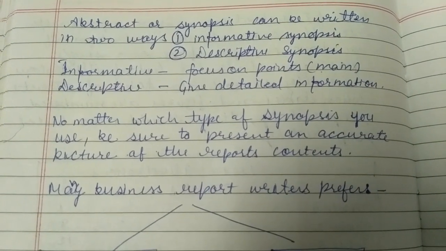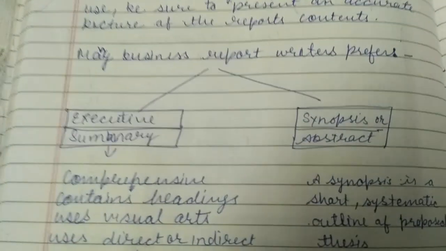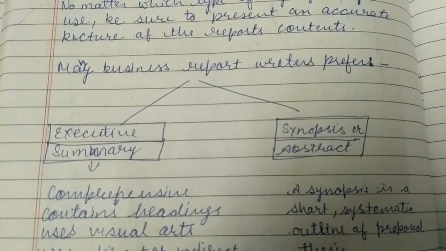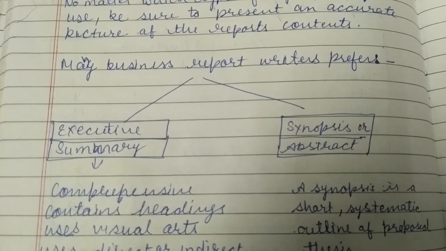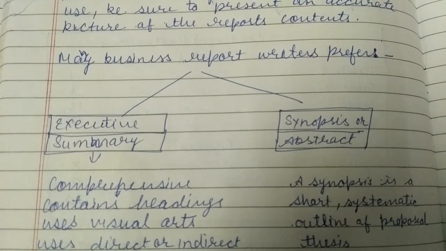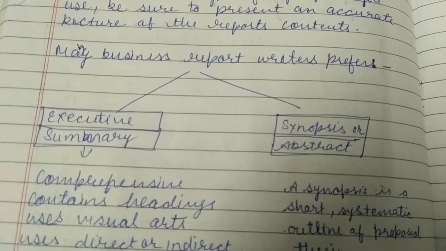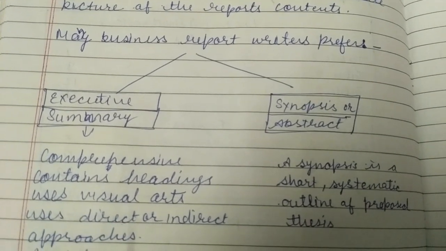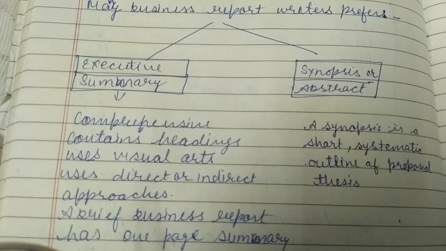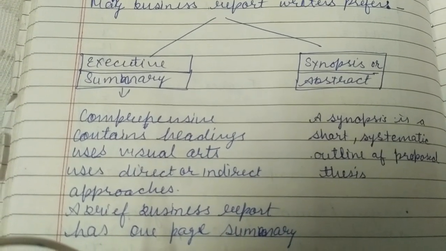Many business report writers prefer an executive summary over a synopsis or abstract. An executive summary is comprehensive and broad in manner, it contains headings, it uses visual aids, and uses direct or indirect approaches.